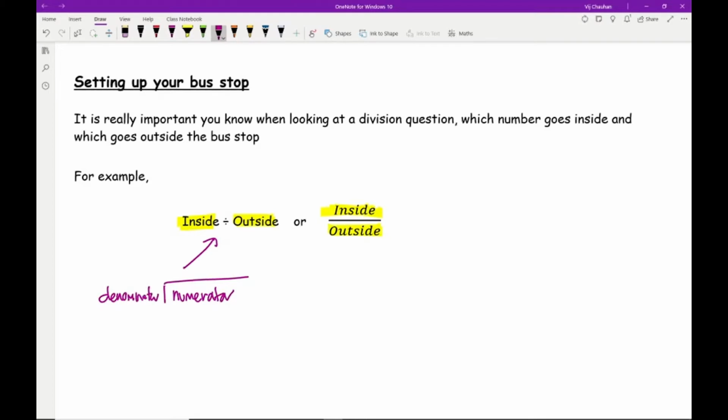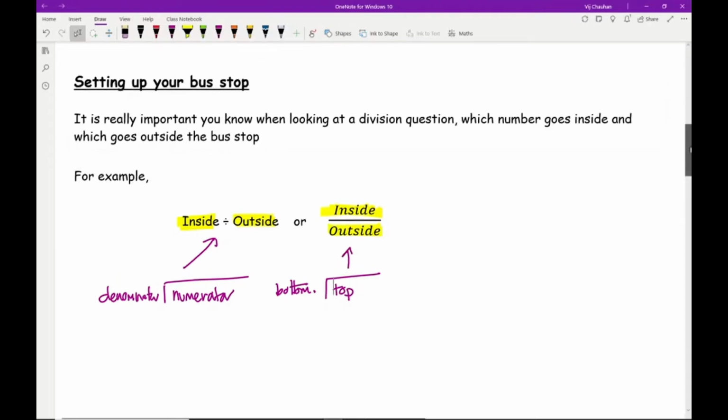And likewise, if we've got the top number and the bottom number, let me just correct that. There we go. It's really important that you understand which order the parts go inside and outside the bus stop.